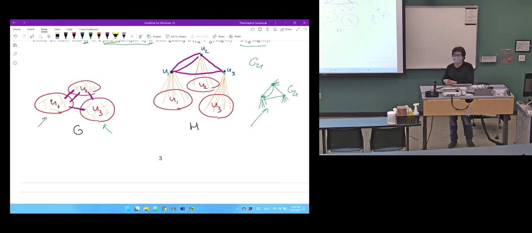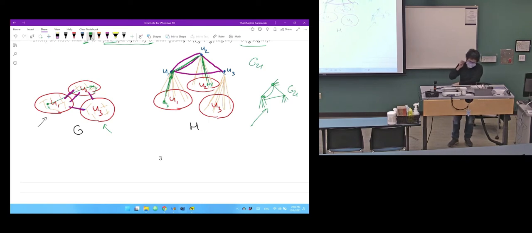If I have a demand from x to y in G, how should I route it in H? This guy goes up to the highway, goes up to its root. This guy too, goes up, and then we try to match this path in the contracted graph.